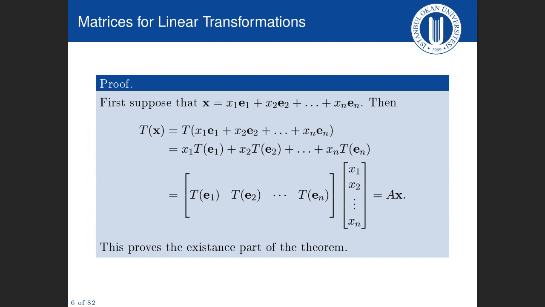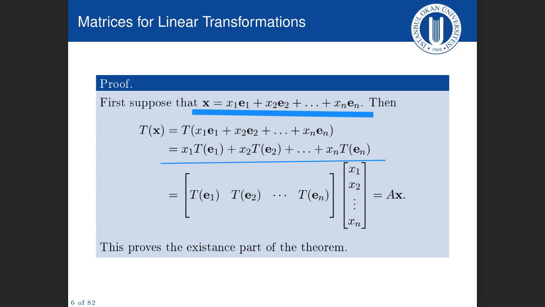Let's prove this. Just as we did in the first example, any vector x in the domain in Rn can be written as a linear combination of e1 up to en. And then because T is linear, straight away we know that T(x) must be x1 T(e1) plus x2 T(e2) plus dot dot dot plus xn T(en).